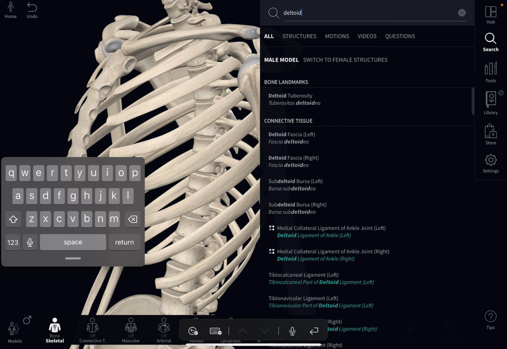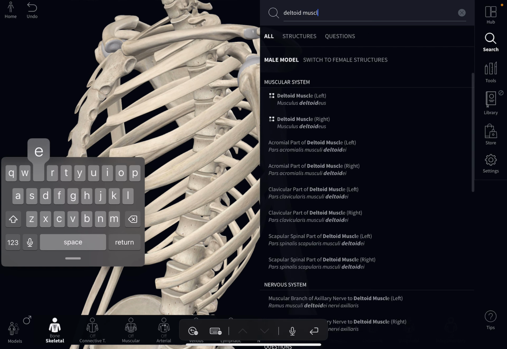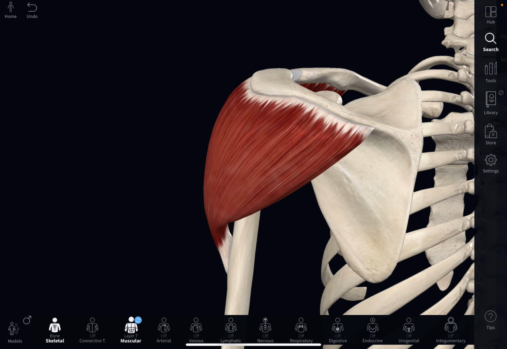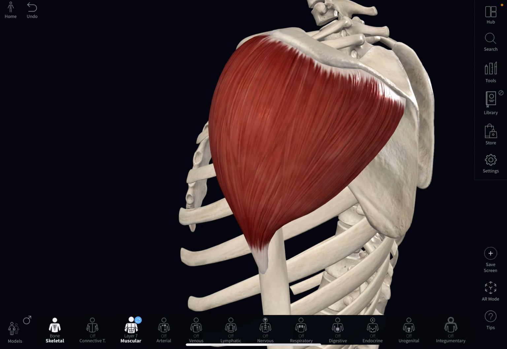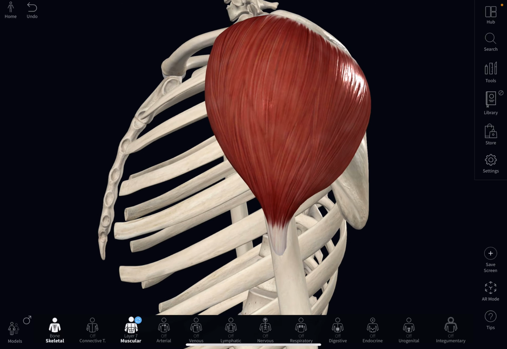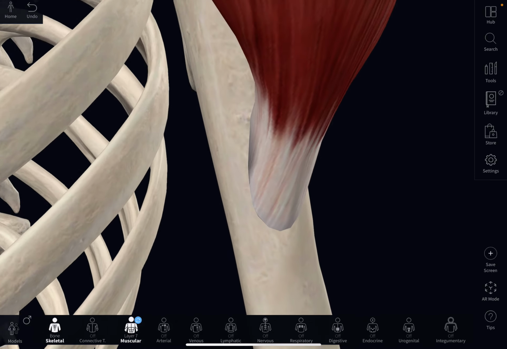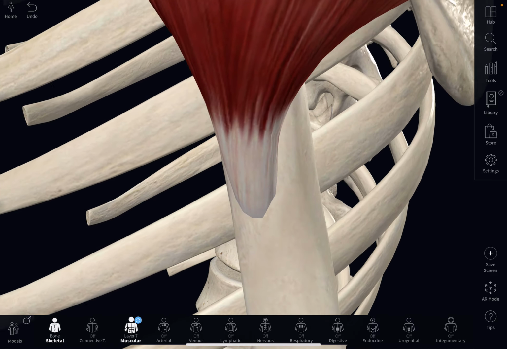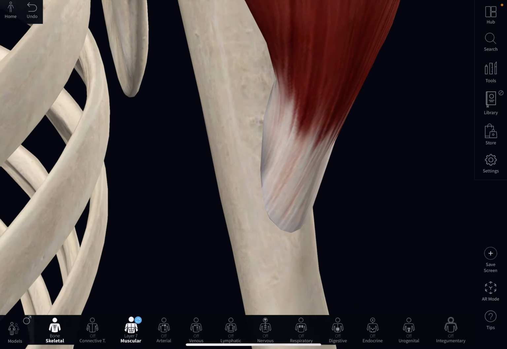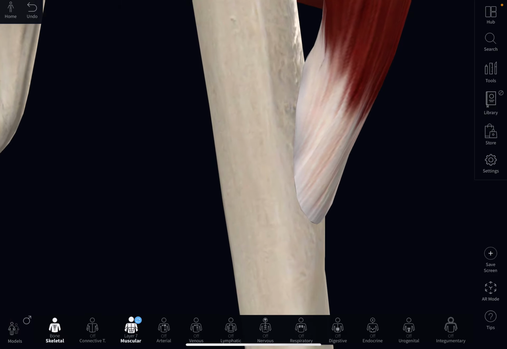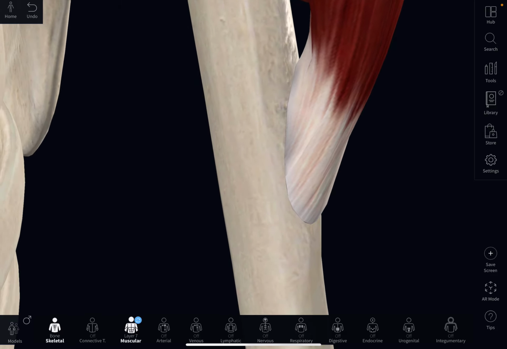Okay, so this is the deltoid muscle on the left side, as you can see. Look at the insertion point of the deltoid muscle. It is inserted along a V-shaped impression that is present on the anterolateral surface close to the middle of the shaft.